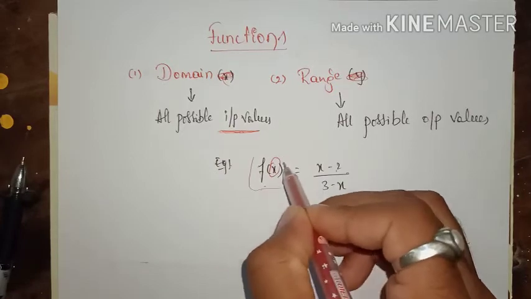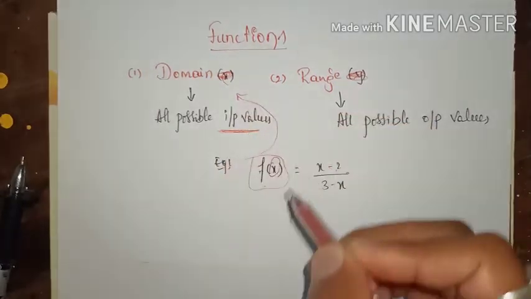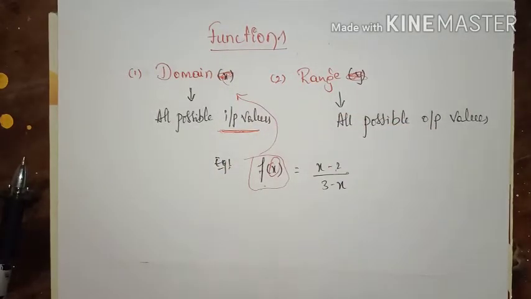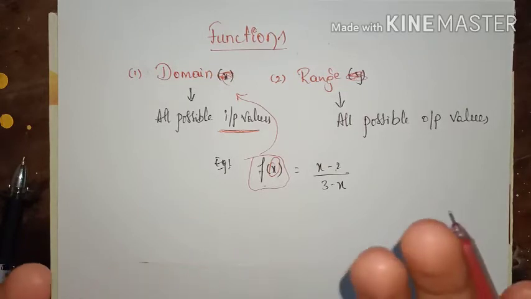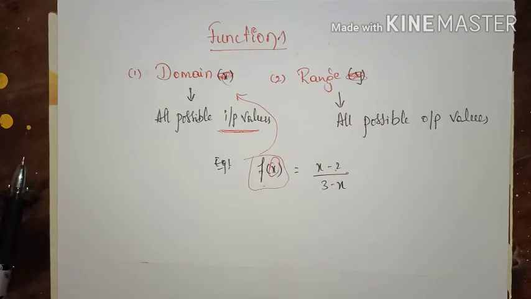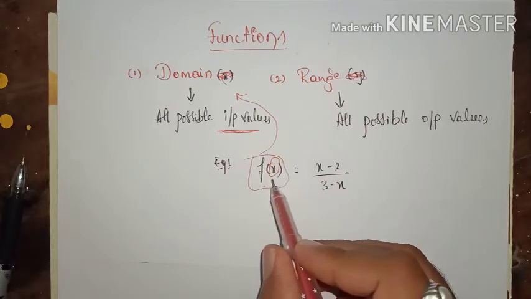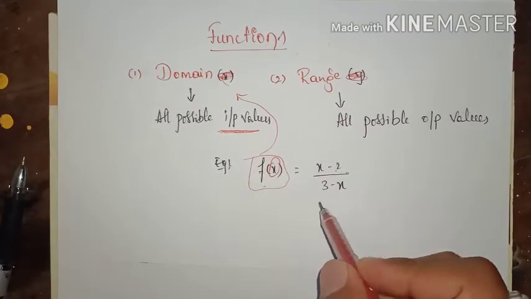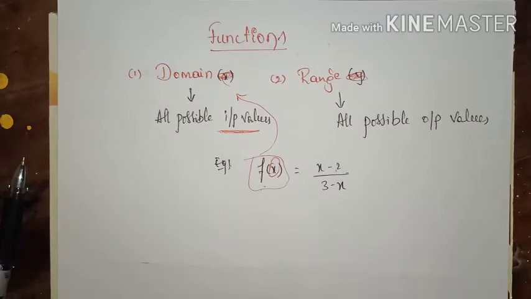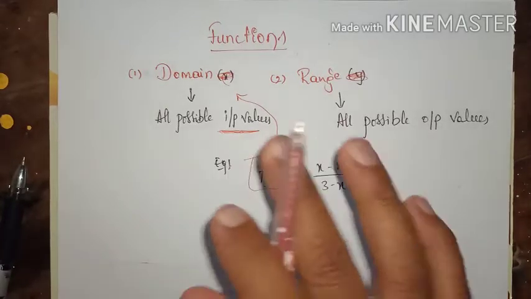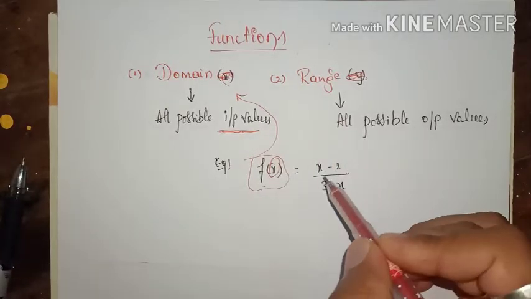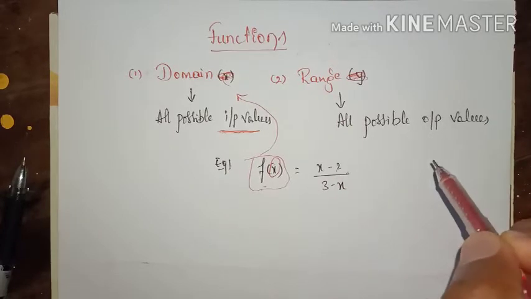So that's why this is what we call a domain. Once we have taken the input values, we get an output. If I take a value of x, I substitute it here, and at last I get one value over there. So that is the output values.